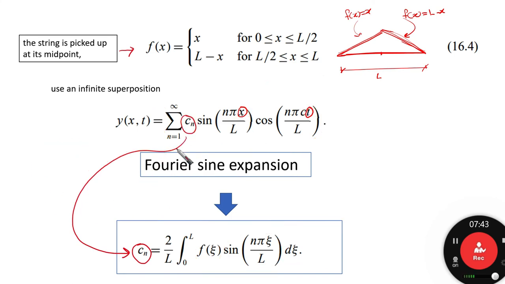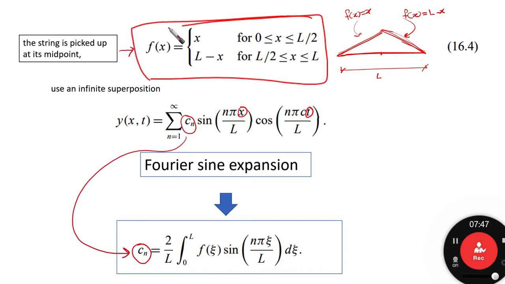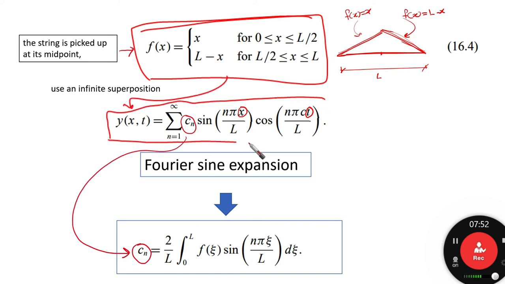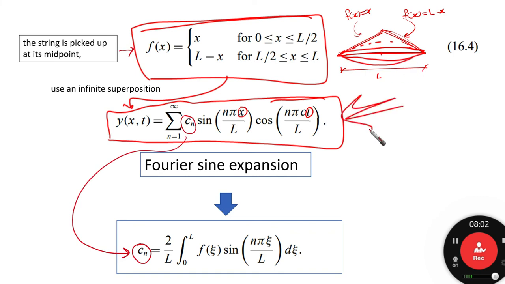Again, I want to make it clear for you. We have a function, and we are going to represent it by a wave function, because we want to know the position of this string at different times. We used our skills in Fourier expansion, whether sine or infinite terms using Fourier series, and ended up with Cn times sine something times cosine something.